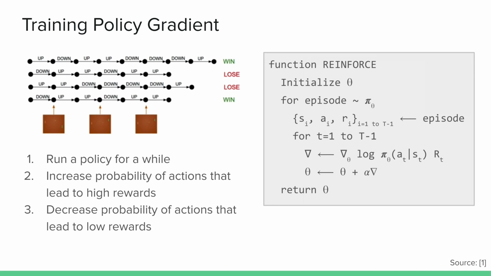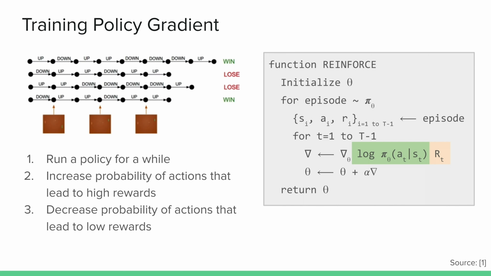Now we can update the parameters in the following way. We compute the gradient by multiplying the log likelihood of a certain action in a particular state with the expected discounted reward.